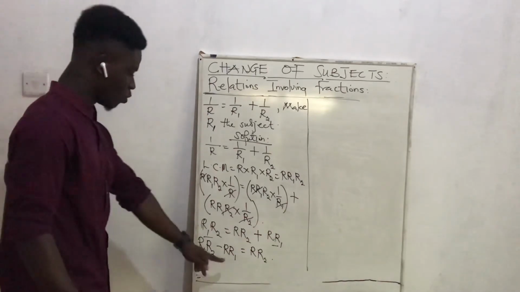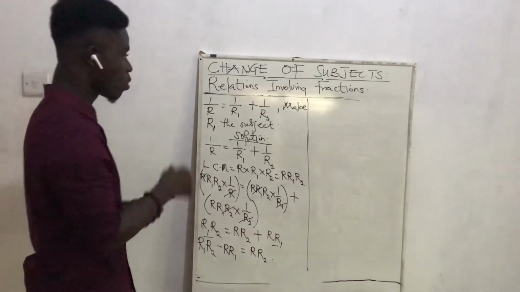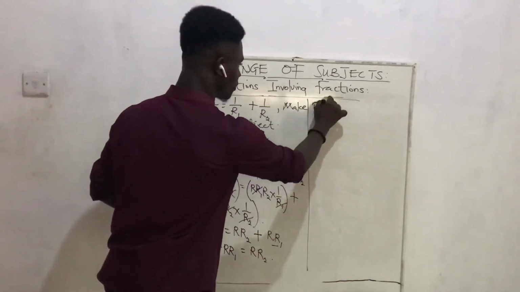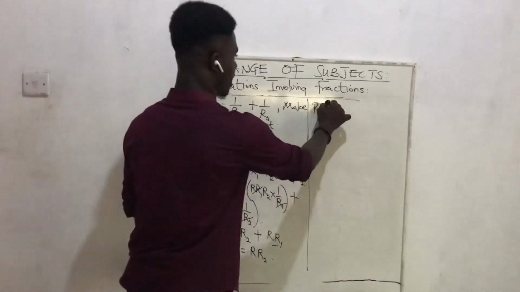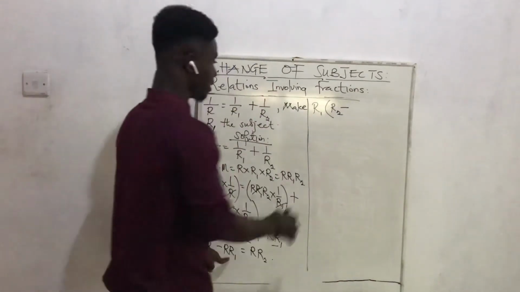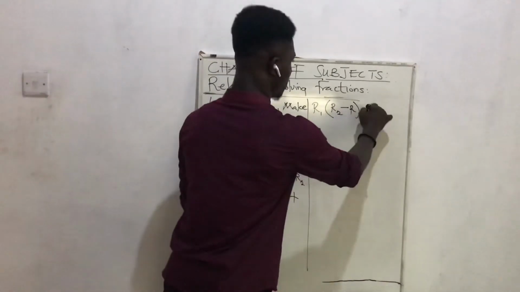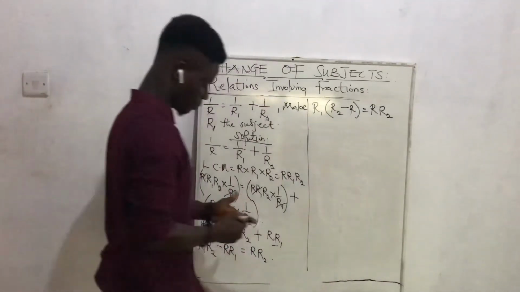So now, what do we do? We have to factorize. We have to bring out R1. So R1 out, then we have R2 minus R, which is equal to R2.